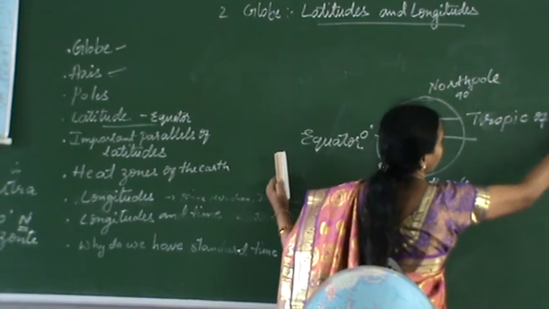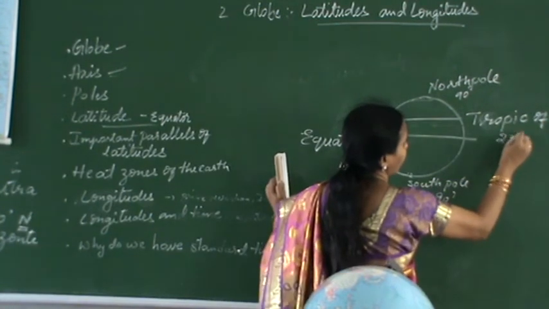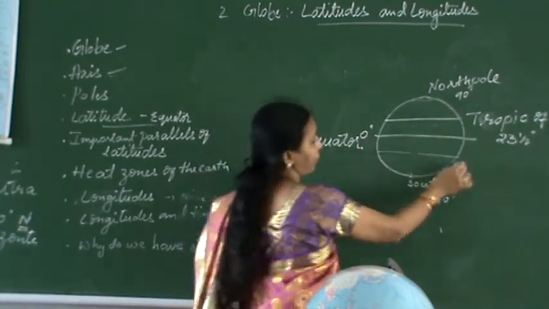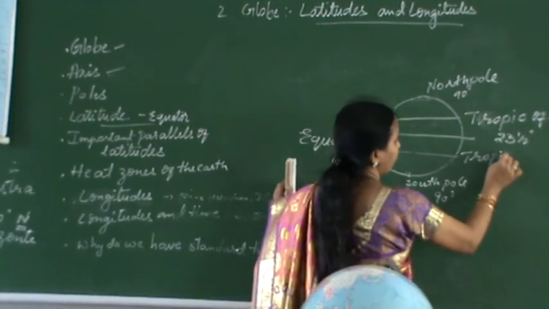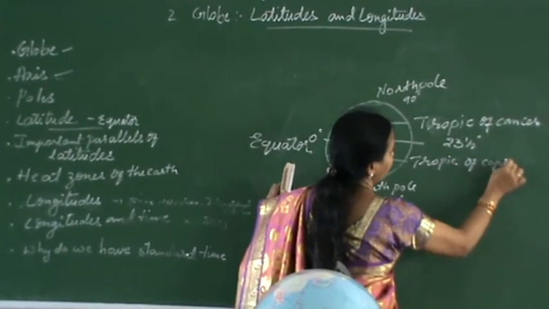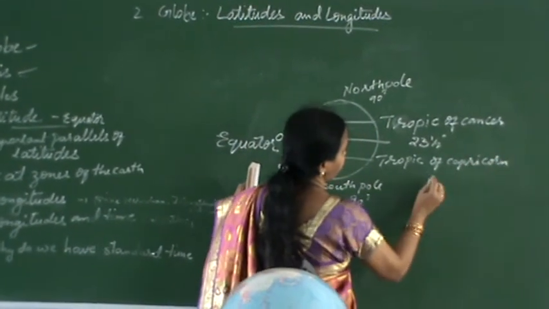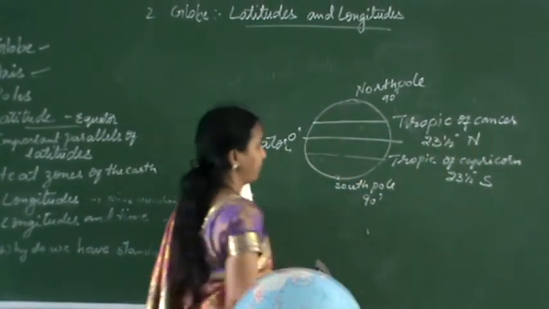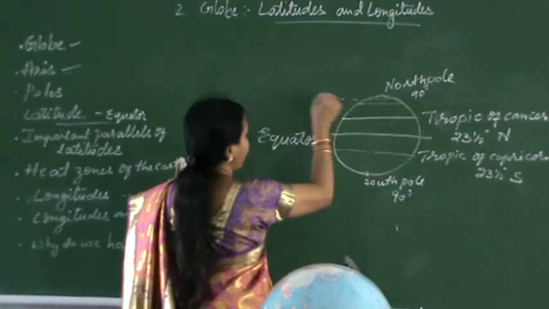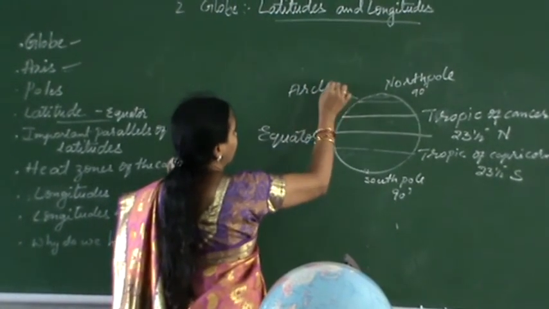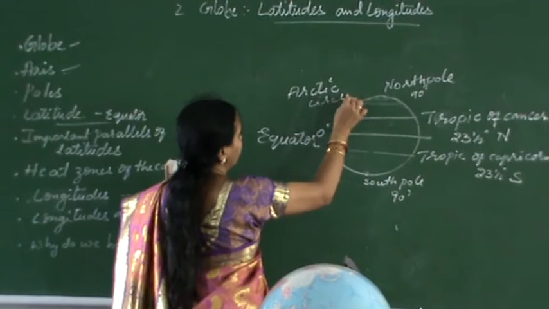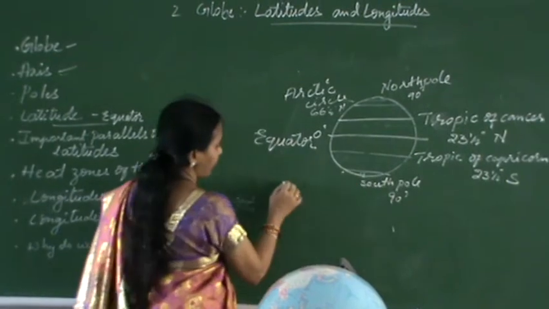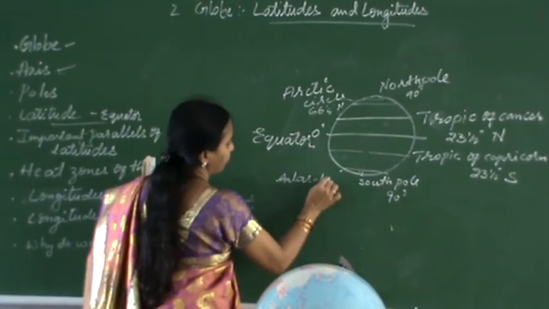Tropic of Cancer, 23 and a half degrees north, and here in the southern part, Tropic of Capricorn, 23 and a half degrees south. This is north, and here the Arctic Circle is 66 and a half degrees north, and here is the Antarctic Circle.